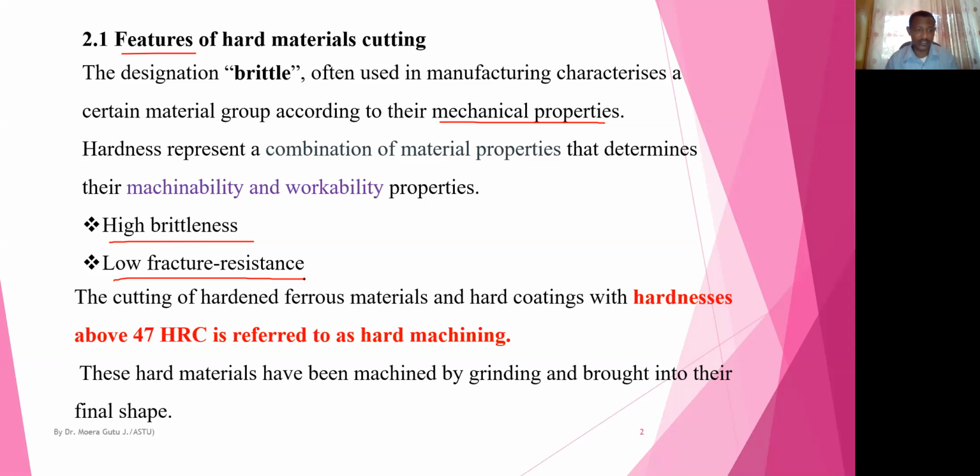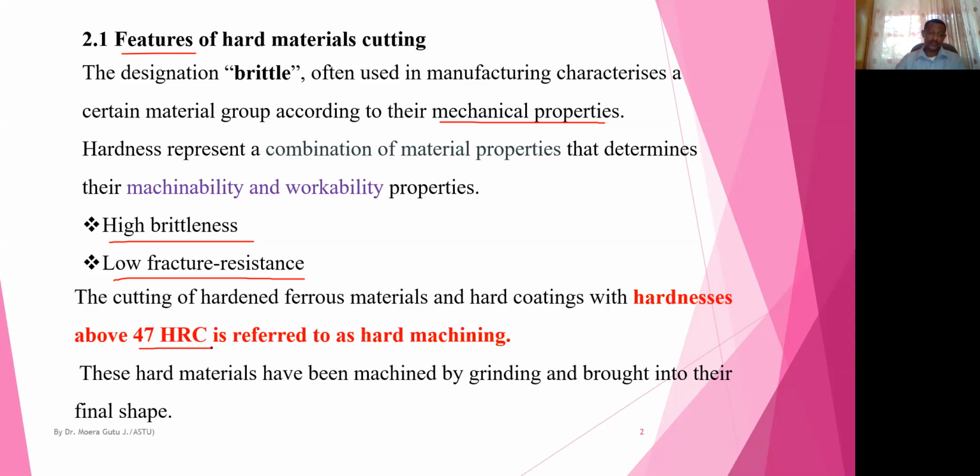The cutting of hardened ferrous materials and hard coatings with hardness above 47 Rockwell hardness number is called hard material machining. So any material with a Rockwell hardness number of 47 and above is categorized as a hard material.